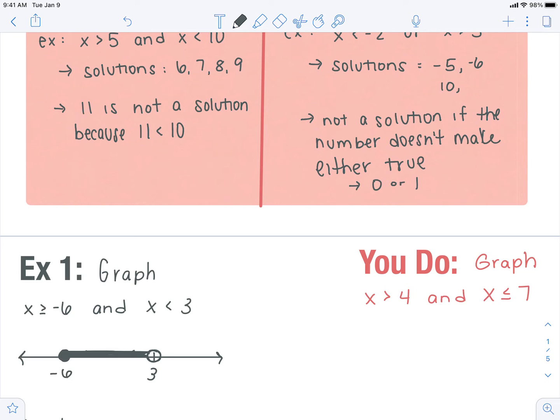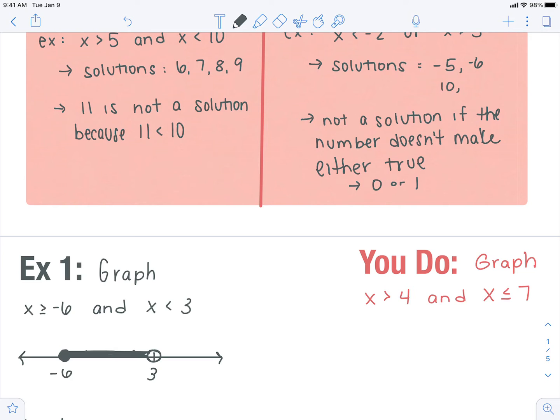Because if I shade things like 4 and 5 and 6, those don't make x is less than 3 true. 4 is bigger than 3, it's not less than 3. So I can't shade those numbers. I have to stop once I'm not in a place that they're sharing. So I can only shade the things that overlap. So it should be easy. That's all I gotta do for that one.